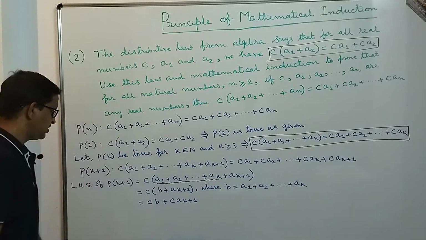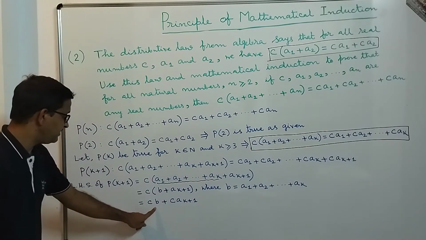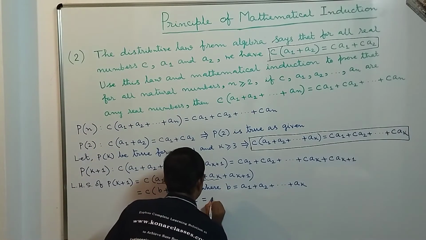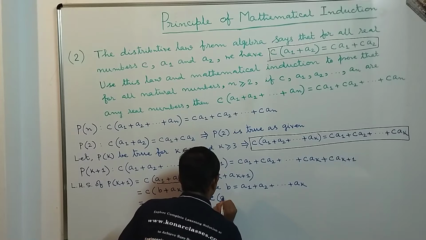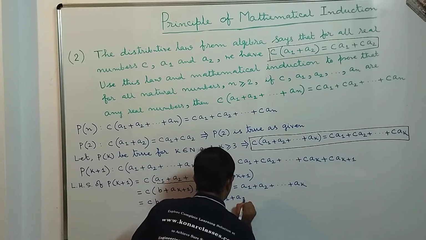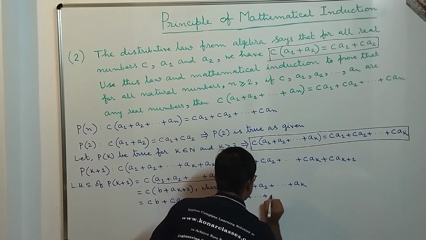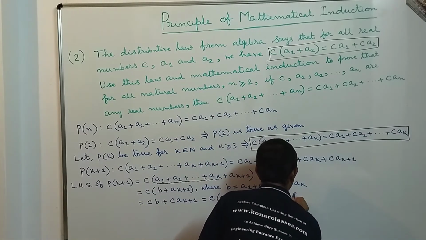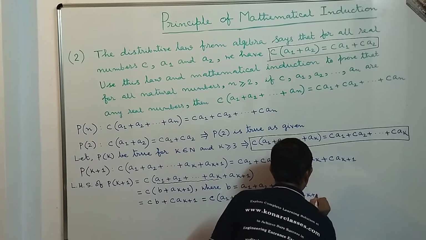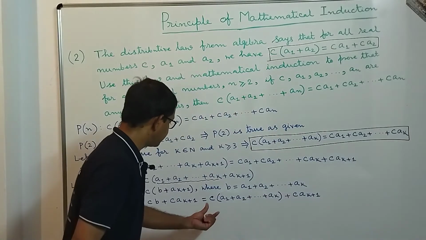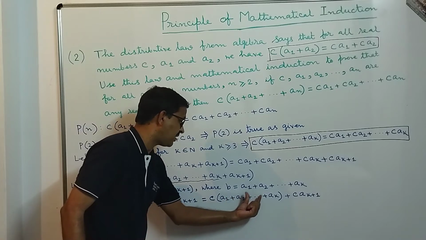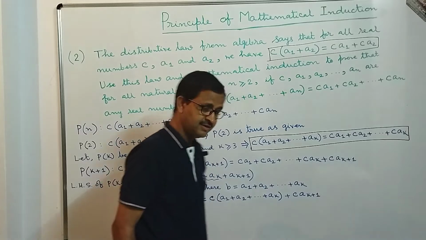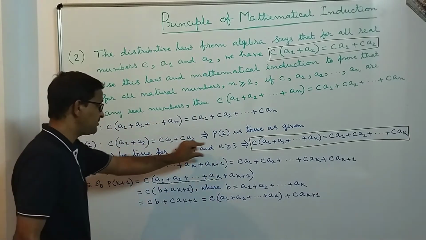Correct or not? Now what is B? B is nothing but A1 plus A2 up to Ak. So we can write this as C into (A1 plus A2 up to Ak) plus C A k plus 1. Now C into (A1 plus A2 up to Ak) is nothing but CA1 plus CA2 up to CAk, which comes from the assumption that Pk is true.